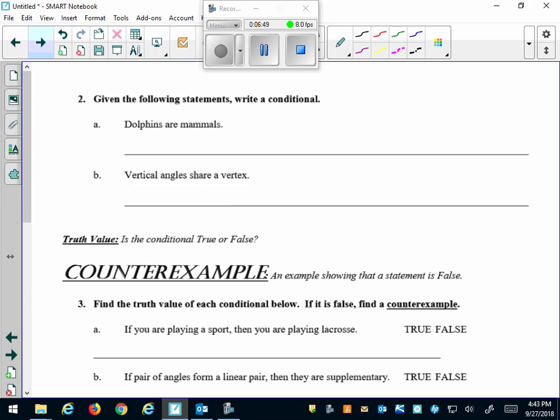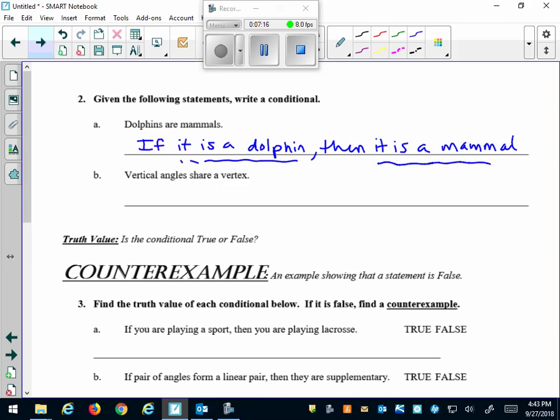It's kind of implying that all dolphins are mammals, which kind of implies that if it is a dolphin, then it is a mammal. So your hypothesis would be it is a dolphin. Your conclusion would be it is a mammal.